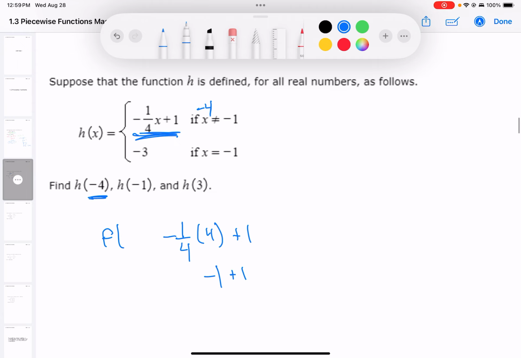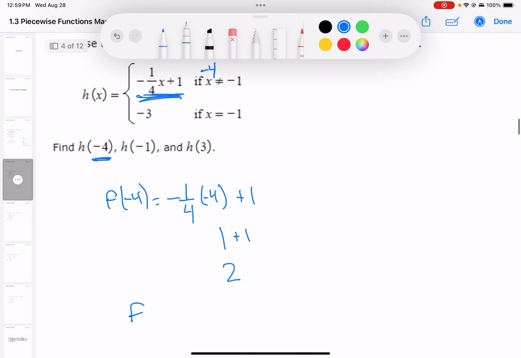Remember, this is our f of -4. Oh, it's negative, which changes that, because negative times a negative is a positive. Add that together, gives me a 2. So f of -4 equals 2. Or I guess it's h, sorry.